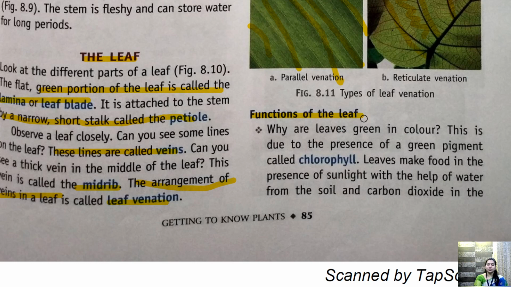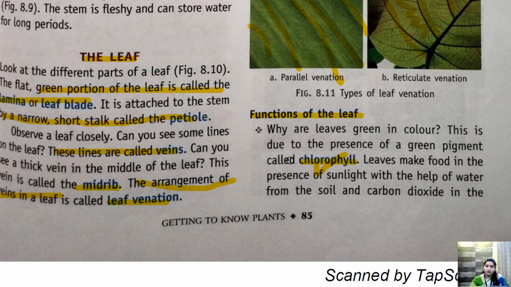Children, we know that leaf is of which color? Leaves are generally of green color. Isn't it? Why is it of green color? Because of the presence of a green pigment called chlorophyll. What is it called?